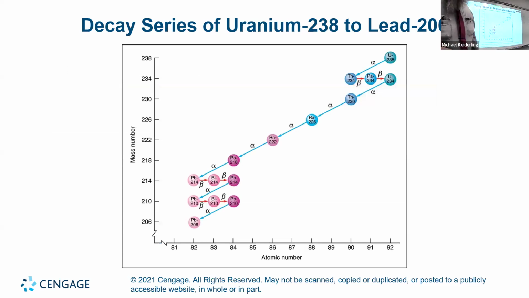So here, for example, is the decay series for uranium-238 to lead-206.